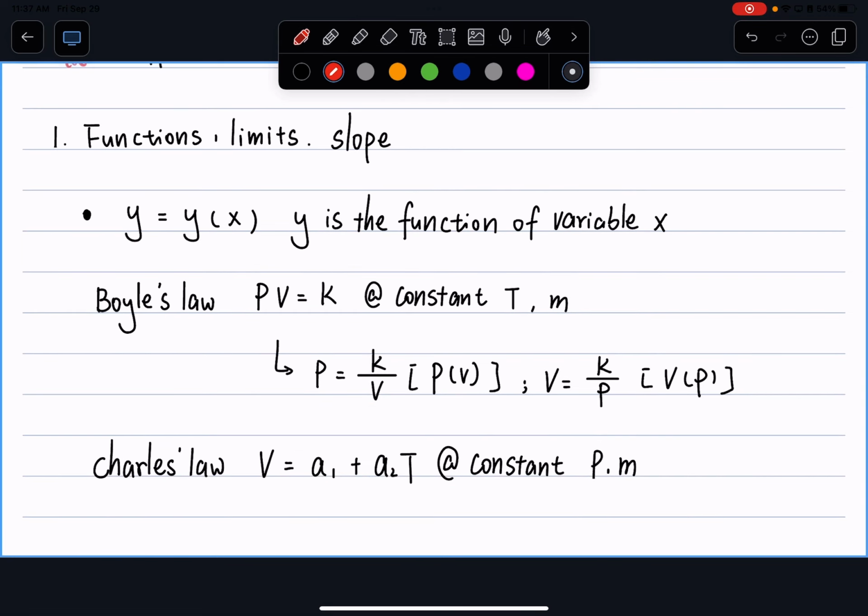All right. As always, when we talk about calculus, you start with definitions. One common way to think about derivatives is to imagine them as slopes of a function. Now you have y equals f(x), where y is some function of a variable x. We'll see that relationship a lot in this class.